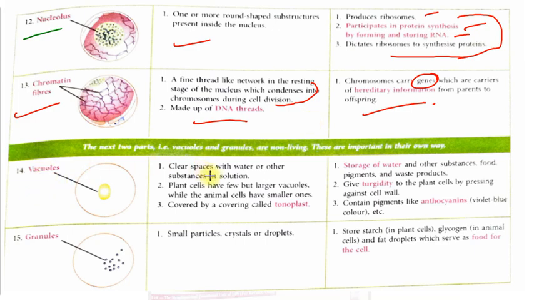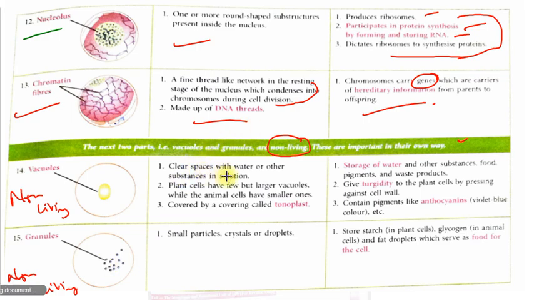So the next two parts, that is vacuoles and granules, are non-living. They both are non-living. These are important in their own ways. So these are vacuoles like this, and these are granules in the form of dots.